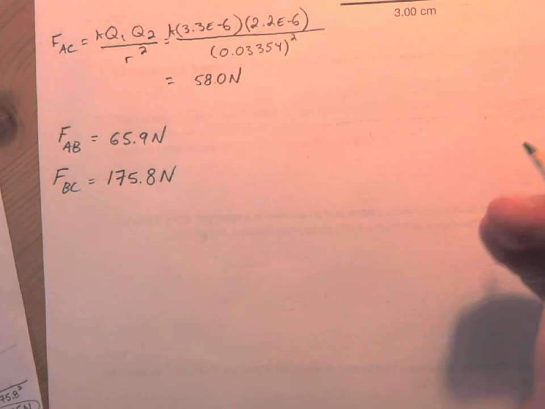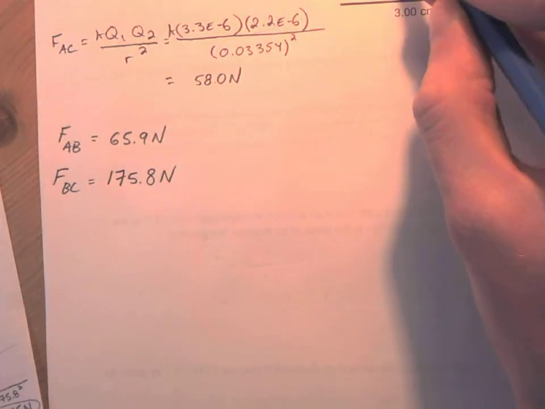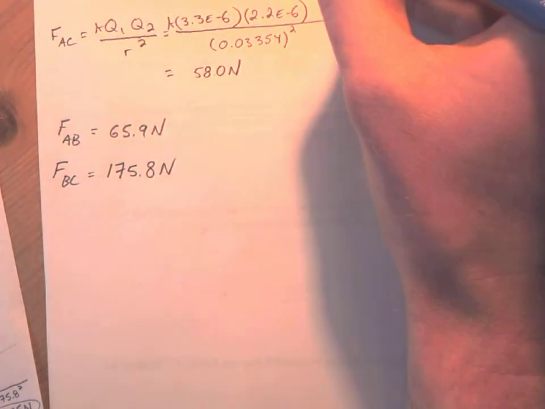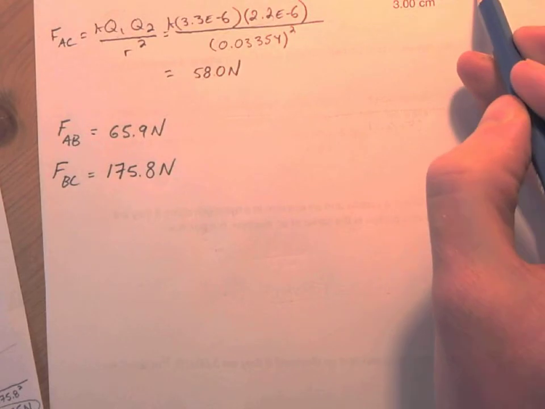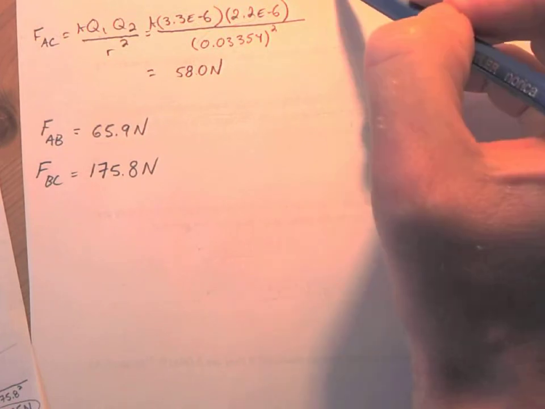Okay, one thing to notice is A is negative, B is positive, and C is positive. So A is going to be attracted to both of those. Those two are going to get repelled from each other.